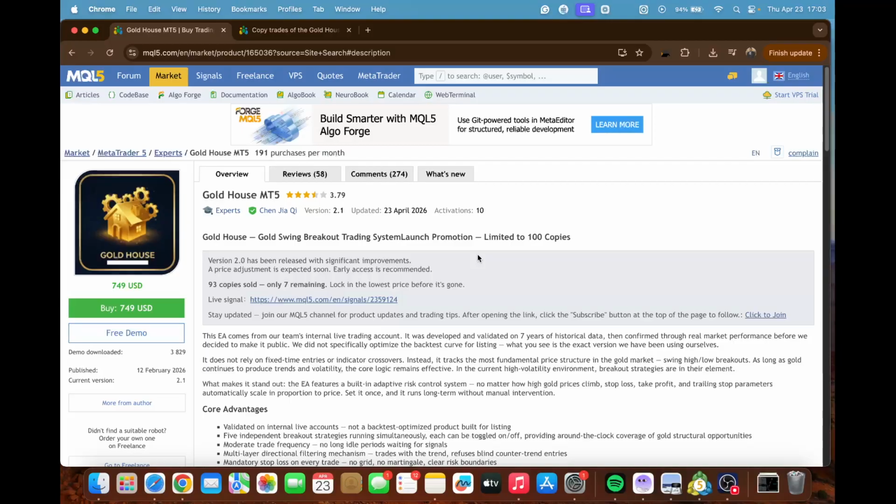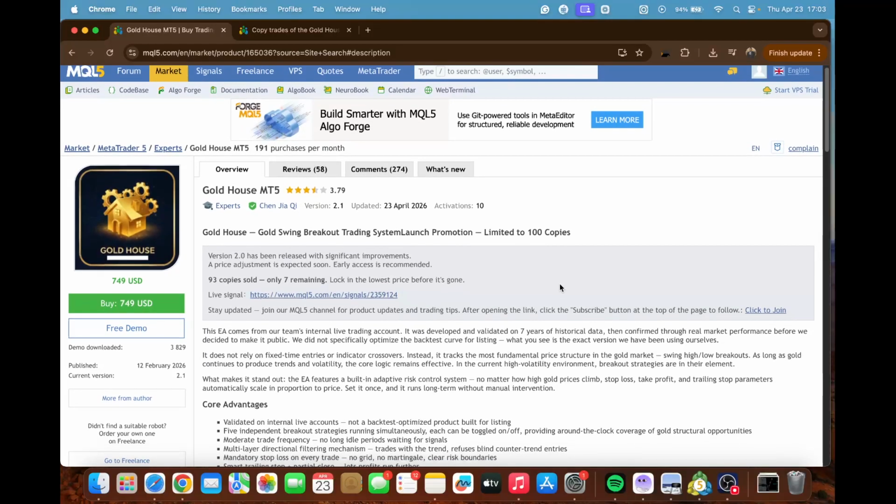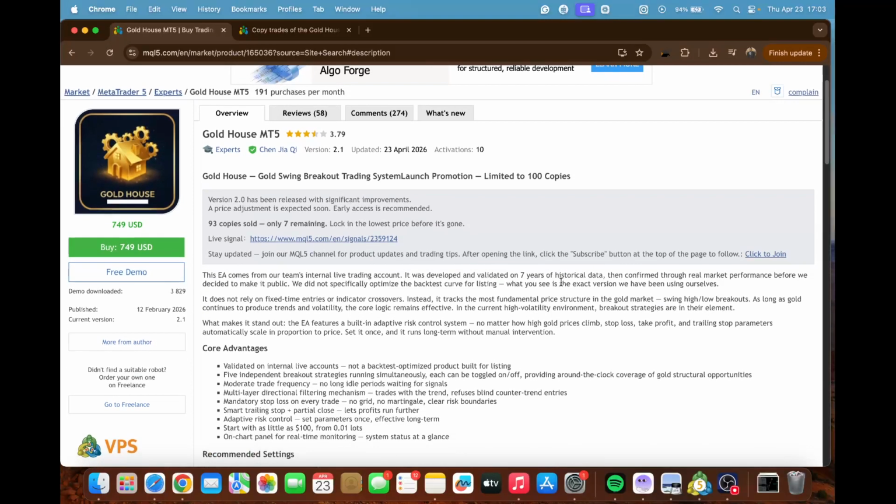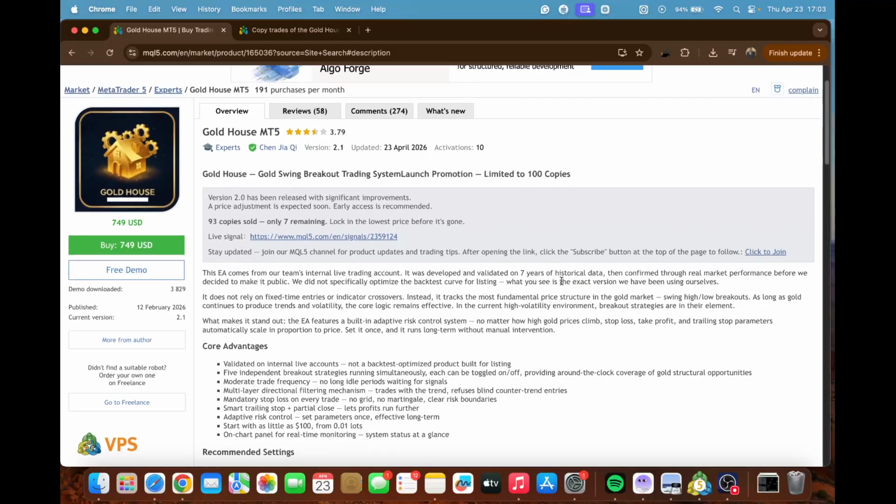The developer calls it a gold swing breakout trading system. It tracks the most fundamental price structure, the swing high and low breakouts, with no fixed time entries or simple indicator crossovers. Instead, there are 5 independent breakout strategies run simultaneously, and each one can be toggled on or off for around the clock coverage.